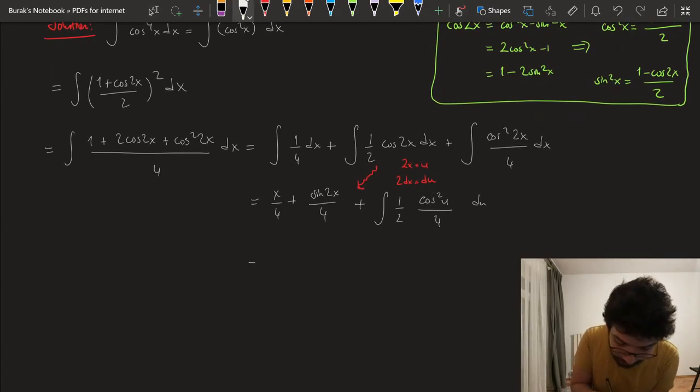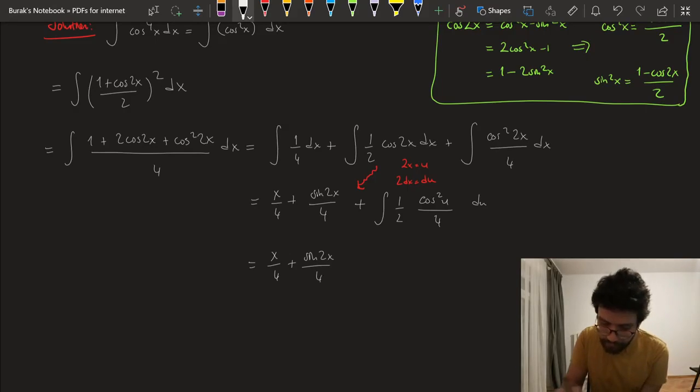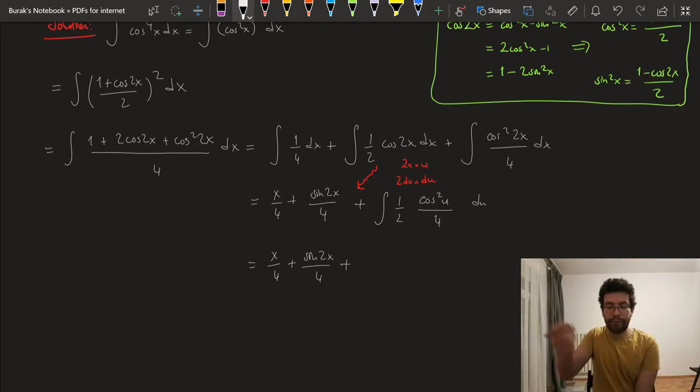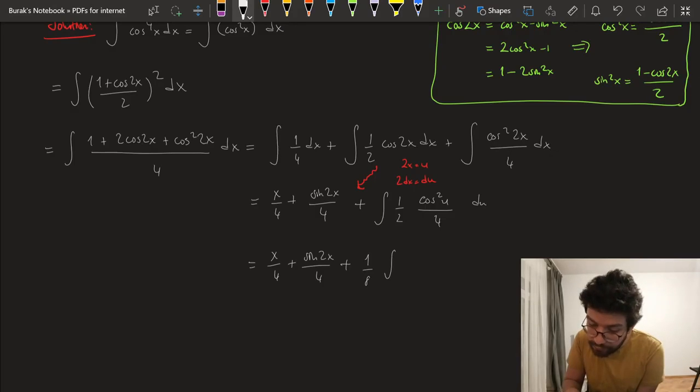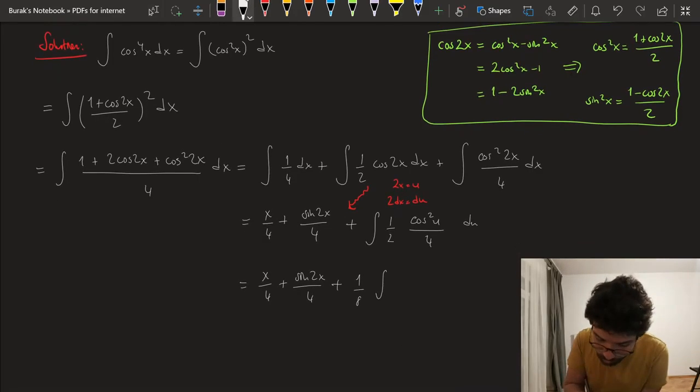And then I'm going to use the exact same trick. I see an even power of cosine, so instead of cosine squared u, I'm going to write 1 plus cosine 2u divided by 2.